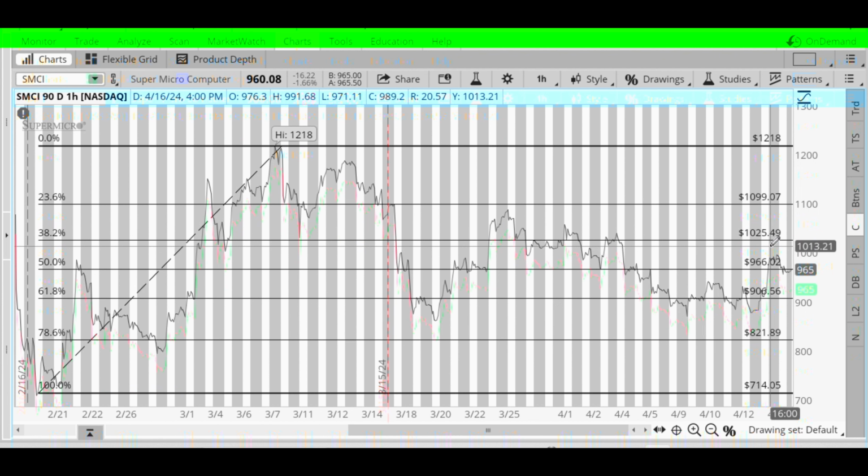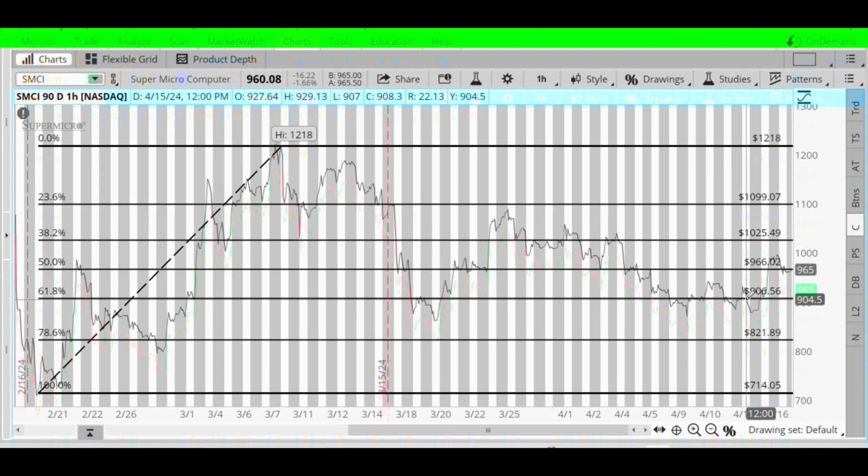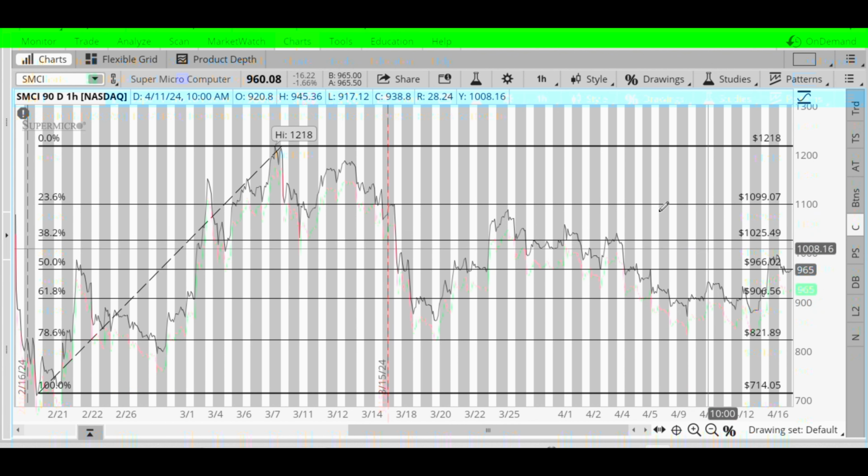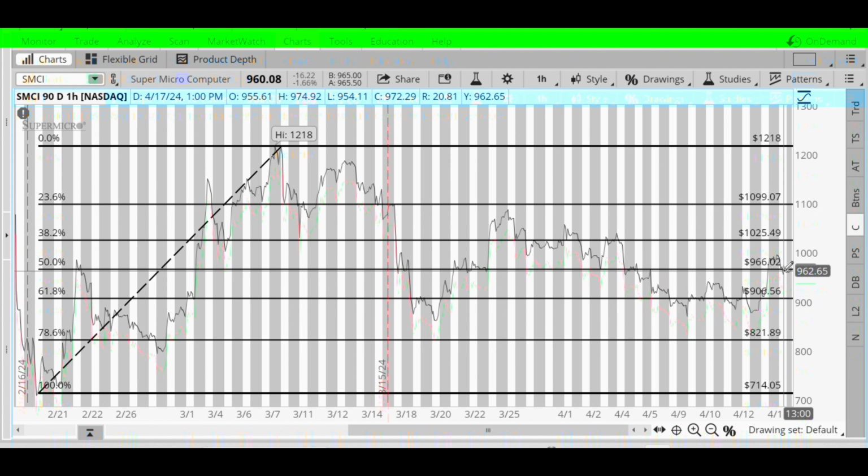In my opinion, SMCI should try to test this resistance level sometime next week. It's 1025. The next support level after 966 was 906. So based on the technical charts, it looks to me that SMCI still has positive momentum and there's a chance that SMCI can go further up next week.